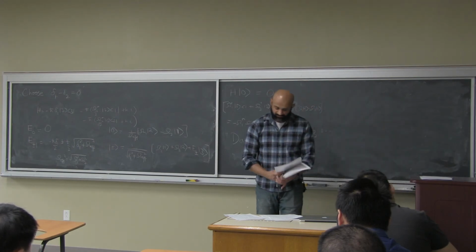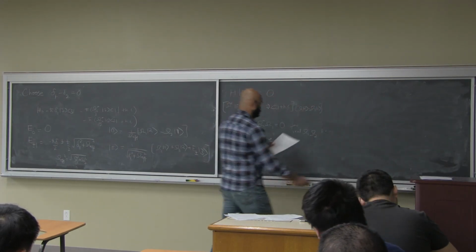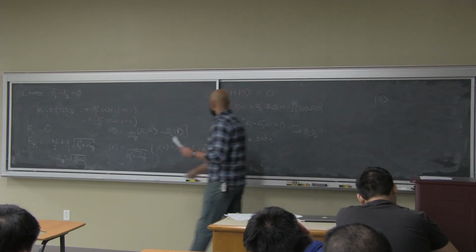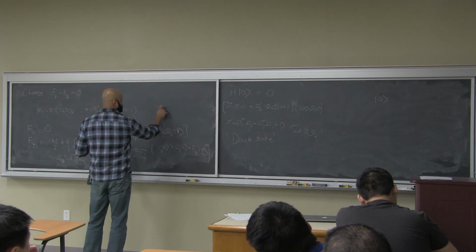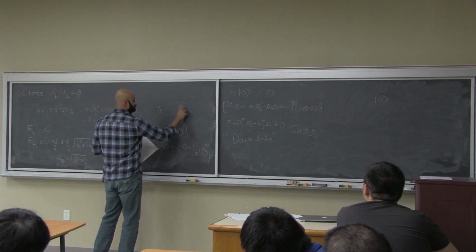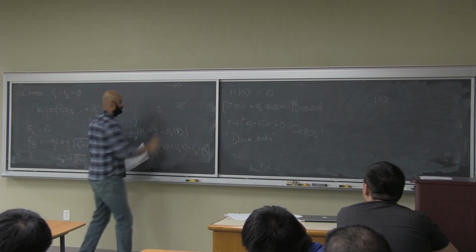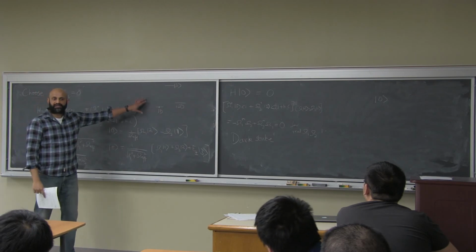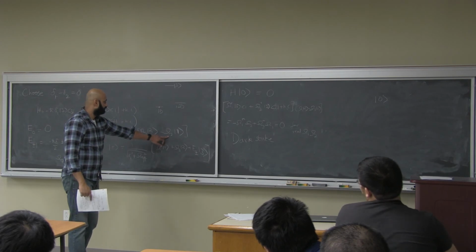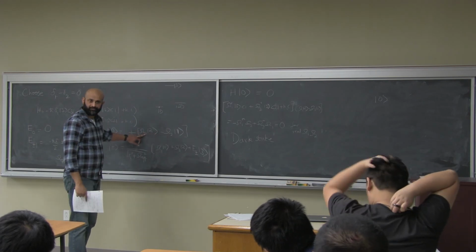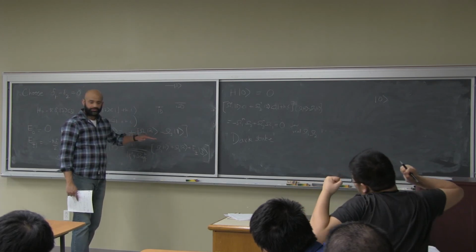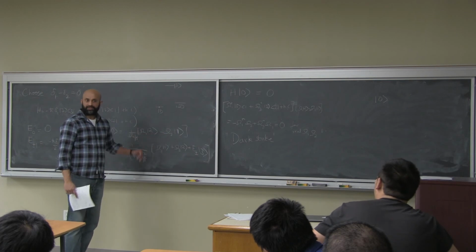If I prepare the system in the state 0, let's imagine that initially I'm in the state 1. So at time t equal to 0, I prepared the system in the state 1. If you look at this, if omega 1 is 0, if I make omega 1 very, very small, and I slowly turn on omega 2, you see that 0 and 1 are nearly identical.